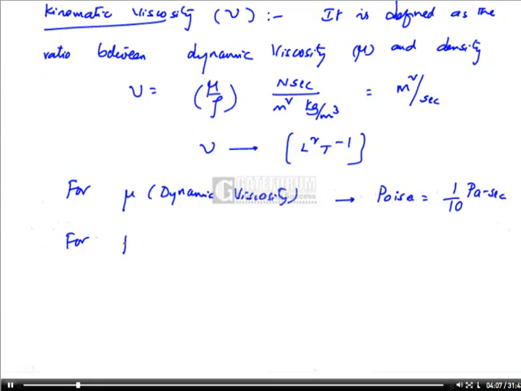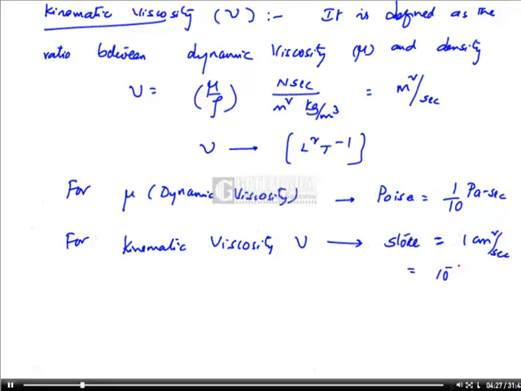Similarly, for nu kinematic viscosity, it is Stoke, that is 1 centimeter square per second or 10 power minus 4 meter square per second. Stoke is meant for kinematic viscosity, poise is meant for dynamic viscosity.